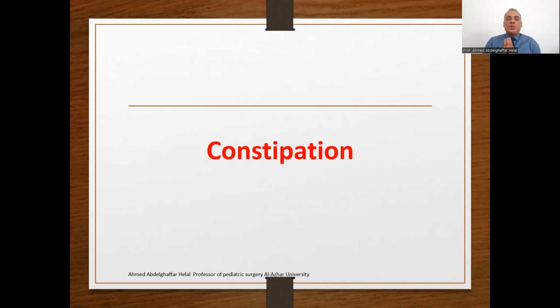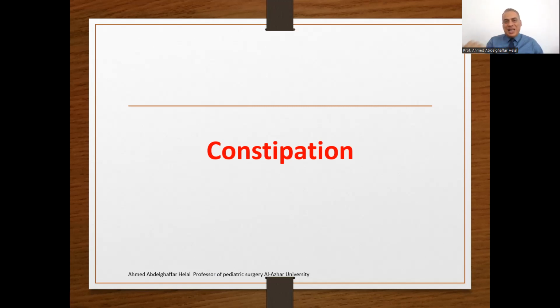Destruction of these parts will lead to true fecal incontinence. On the other hand, we have pseudo-fecal incontinence, related to this subject, constipation, which means the child has all elements okay but presents with soiling. What's the matter? This is related to constipation with overflow.